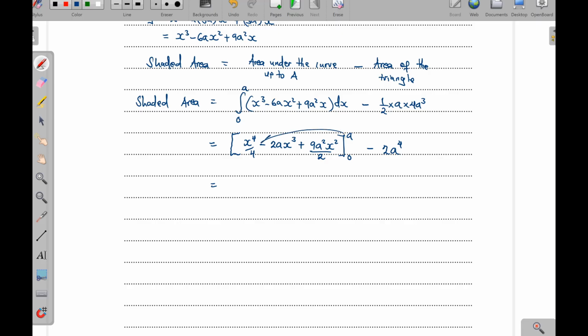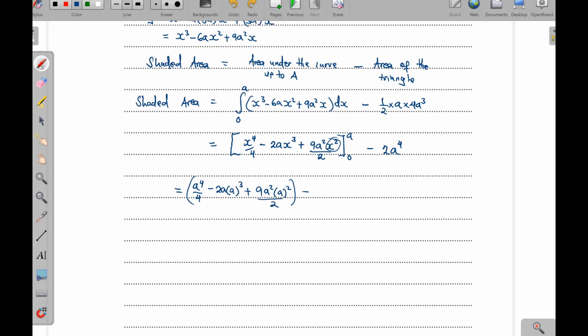Then now we put the limits here. So when I put the limits, where there is x, I will put a, so a power 4 over 4, minus 2a times a cubed, then plus 9a squared times a squared, out of 2, like that, then minus, there is an x here, an x here, an x here.